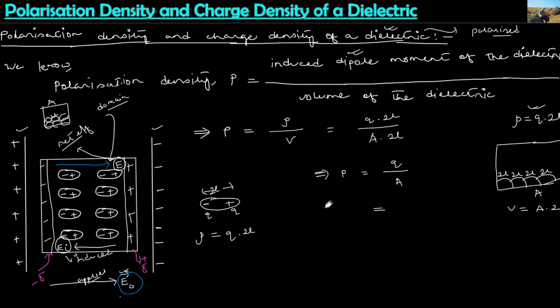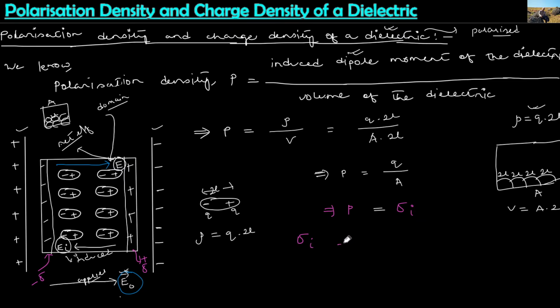Which means that the polarization of the dielectric itself is equal to the surface charge density, which is your sigma, or we can write this as sigma I, the induced surface charge density.